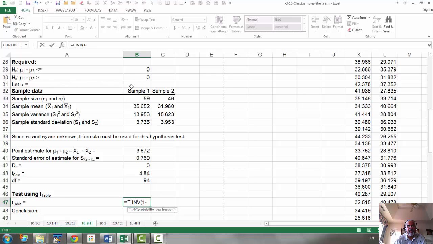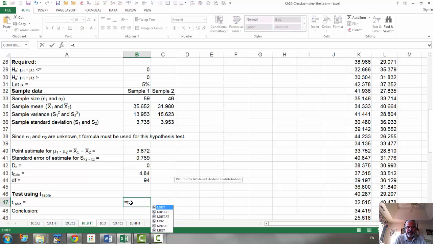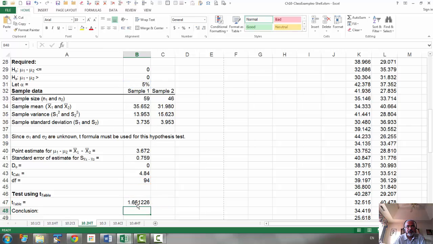For that we have to set up the alpha first, and here we are using an alpha value of 5%. So the T table value will be T.INV of 1 minus alpha and degrees of freedom. If the T calc is greater than this, we can reject the null hypothesis, and it is greater than the T table value, so we will reject the null hypothesis.